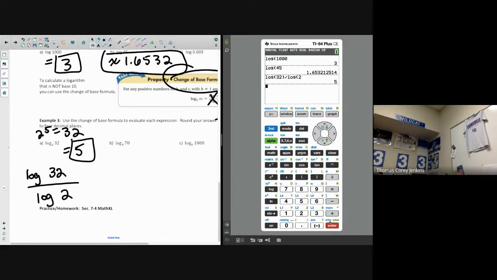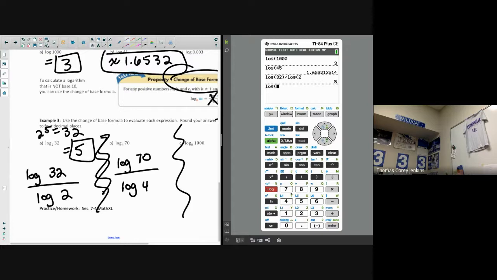Okay, so yeah, you can use this change of base formula anytime. Now the next one we would have to use the change of base formula on because there is no power of 4 or 2 that's equal to 70, right? So this is probably going to be an irrational number, right? And this is where the change of base formula becomes more necessary. So the only way we know how to do this right now is just to type log of 70 over log of 4.